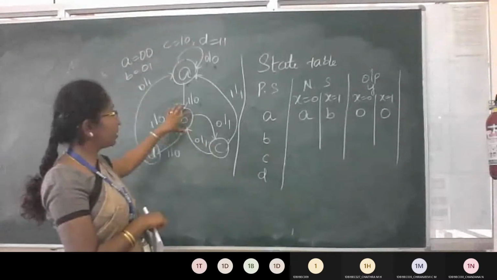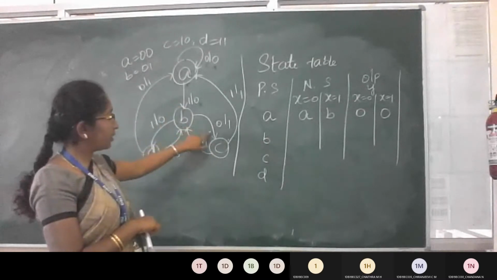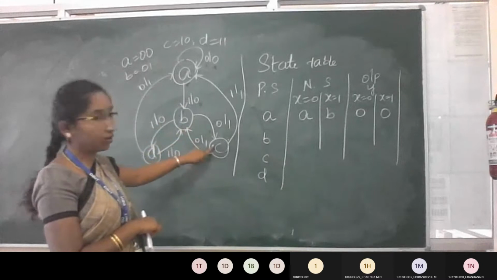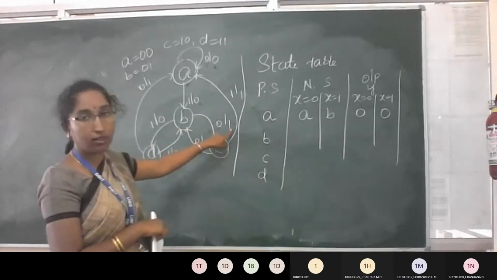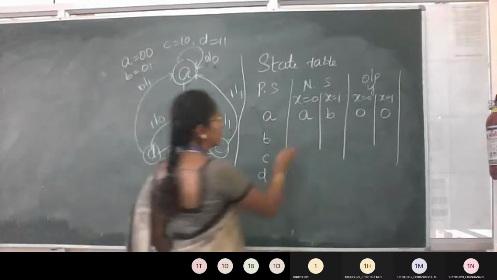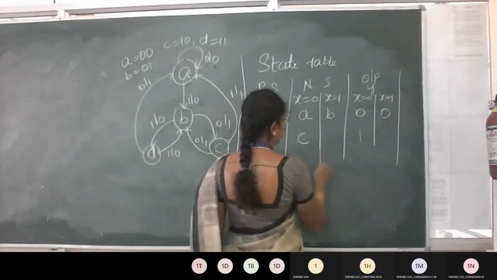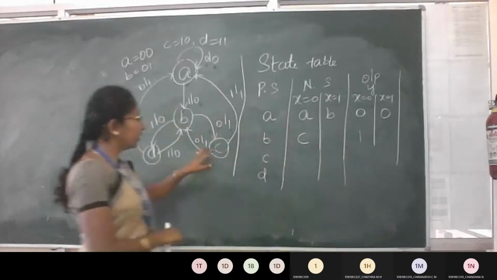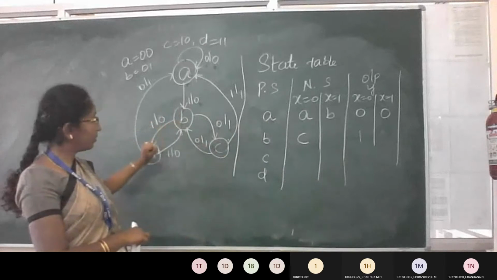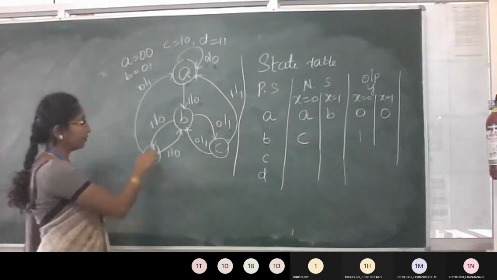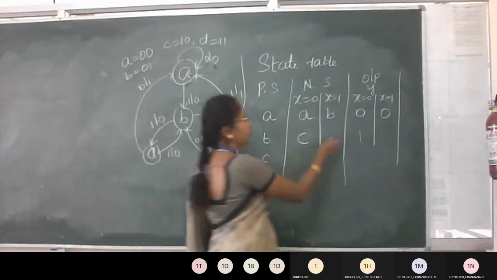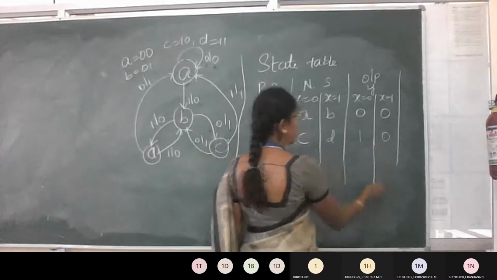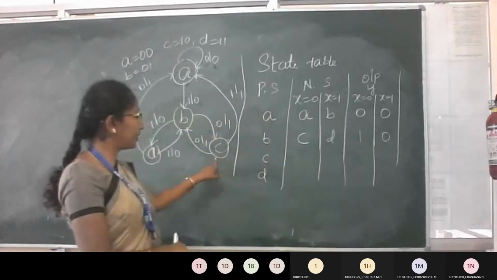Similarly, I am in present state B. When x is 0, I am moving to C, and the corresponding output is 1. Similarly, in B, when x is 1, I am moving to D, and the output is 0. Similarly, C is the present state.